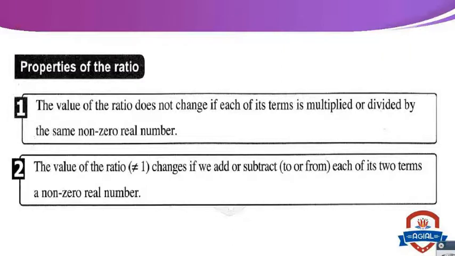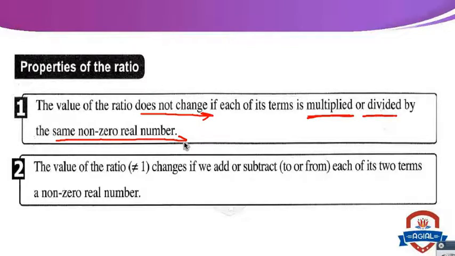The properties of the ratio. Number 1, the value of the ratio doesn't change. Very, very important. The value of the ratio doesn't change if each of its terms is multiplied or divided by the same non-zero real number.